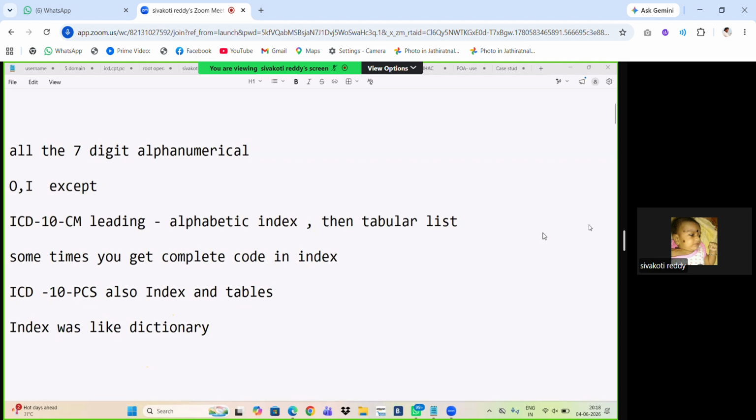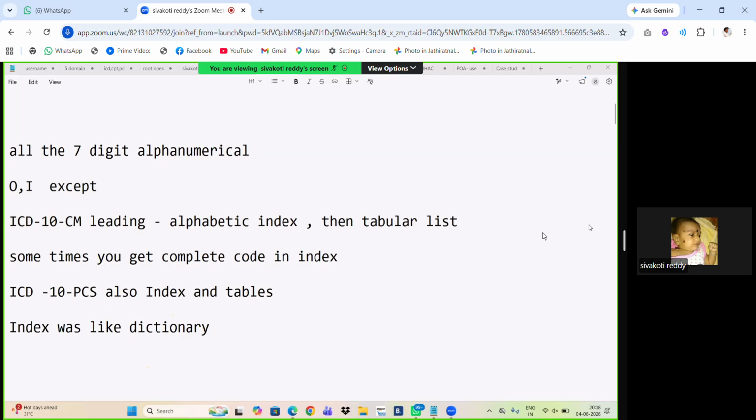Like ICD-10-CM and CPT, we don't have any specific name for each character. Suppose a 5-digit CPT code: we don't have a specific name for characters 1, 2, 3, 4, 5. In CM also we don't have a specific name for each character's position. But in PCS, for the 7 digits, each character has a specific meaning and its own definition.